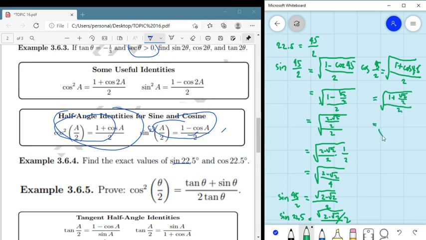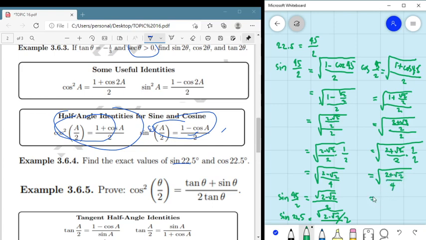Then simplifying again, we have 2 plus the square root of 2 over 2, all over 2, or it's similar to 2 plus square root of 2 over 2 times 1 over 2. And this is the same as the square root of 2 plus the square root of 2 over 4.